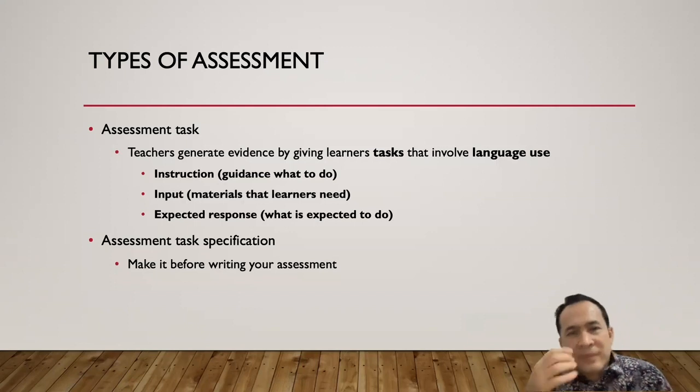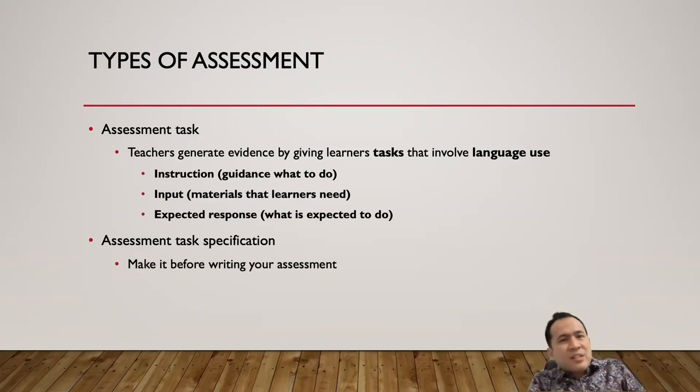And then actually this is the important point. The important point is that in deciding on or providing assessment, you have to at least understand the so-called assessment task. Teachers generate evidence by giving learners tasks that involve language use.